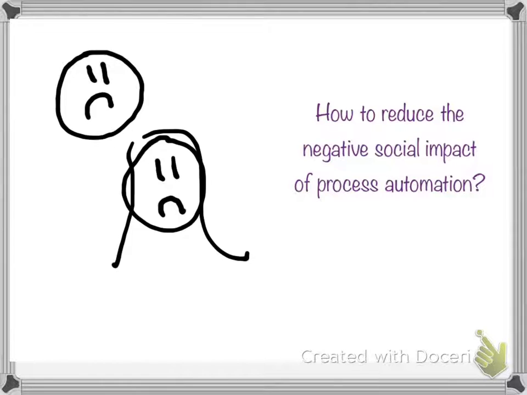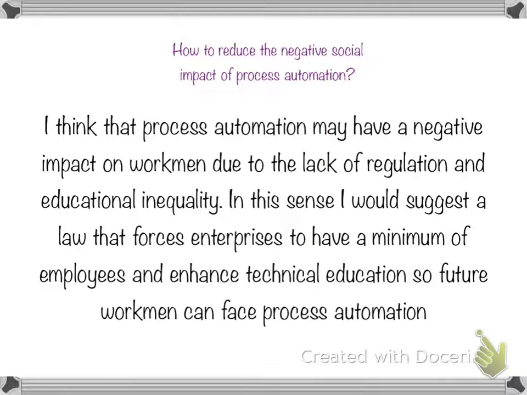And its answer was, I think that process automation may have a negative social impact on workmen due to the lack of regulation and educational inequality. In this sense, I would suggest a law that forces enterprises to have a minimum of employees and enhance technical education so future workmen can face process automation.